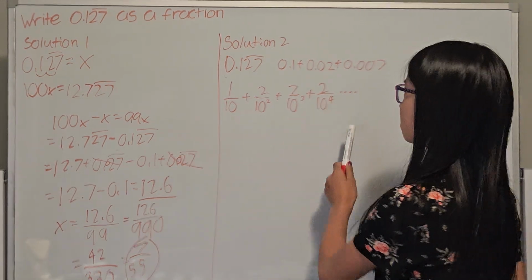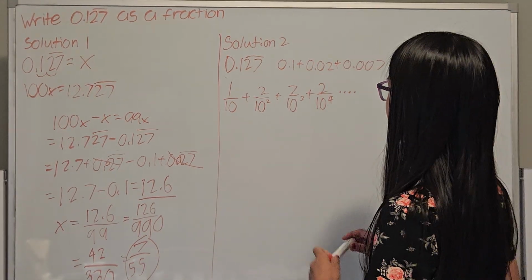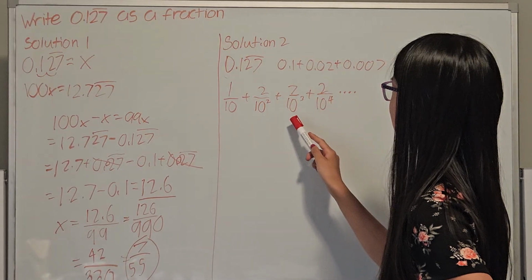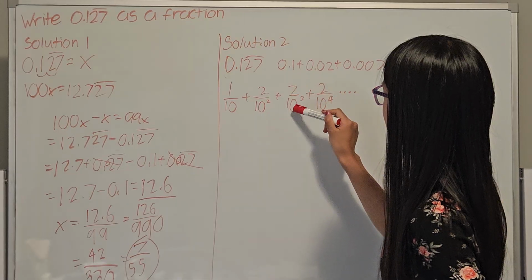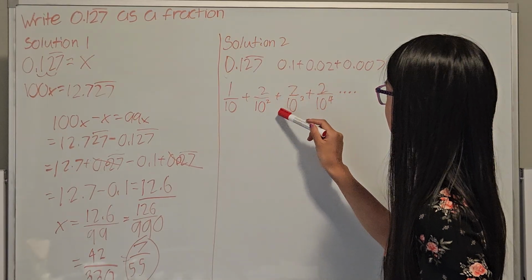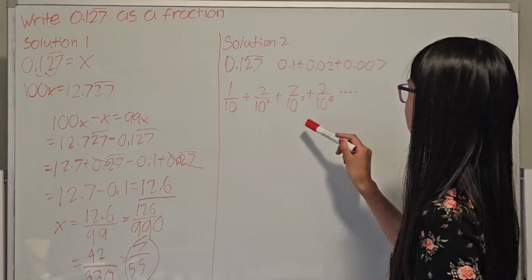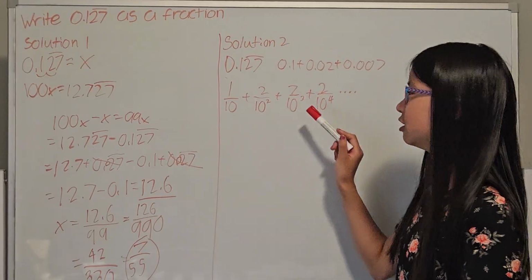So we have this, but this isn't really a geometric sequence, because if we divide 7 over 10 cubed by 2 over 10 squared, it will not equal 2 over 10 to the power of 4 divided by 7 over 10 cubed.